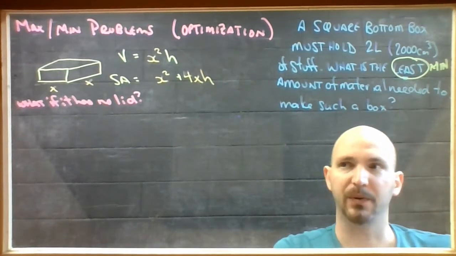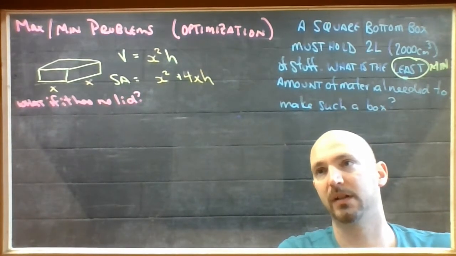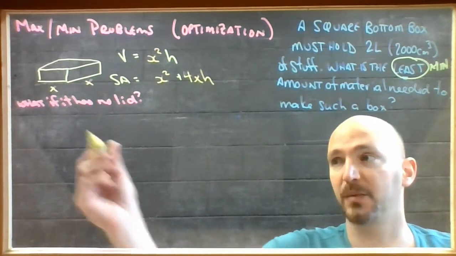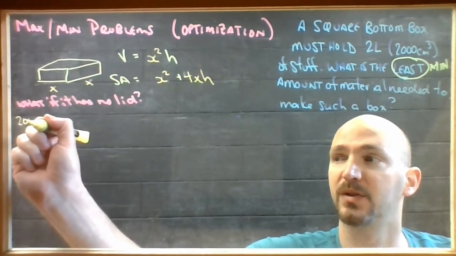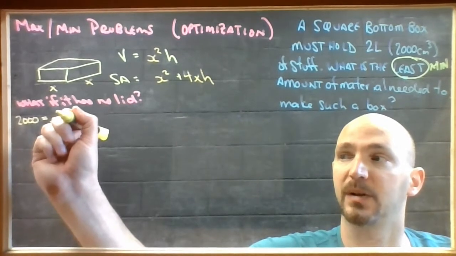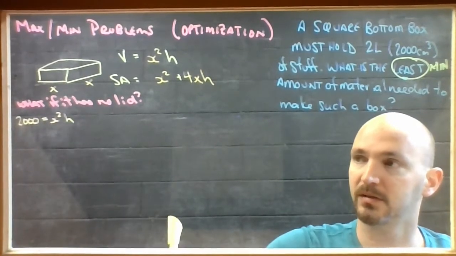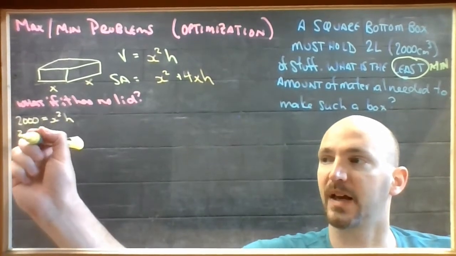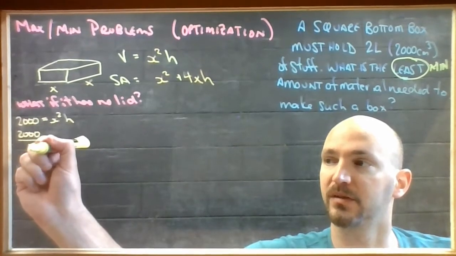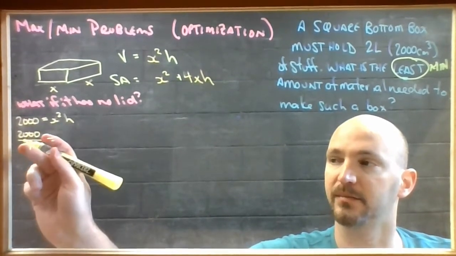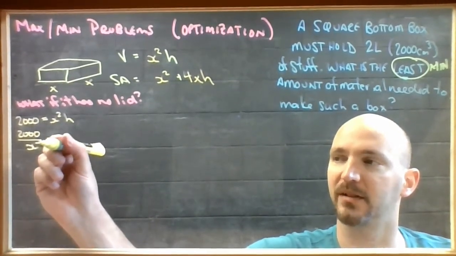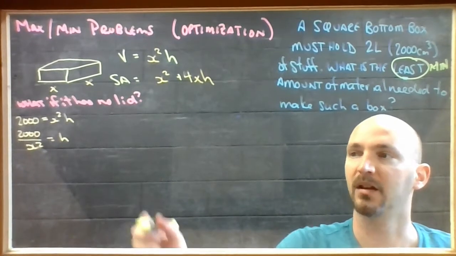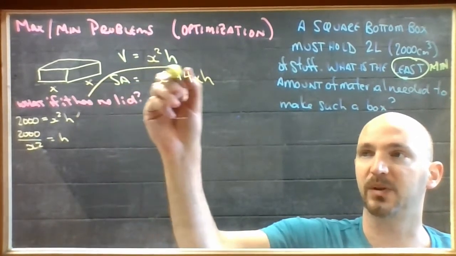So if I go through, 2,000 is still my volume. So 2,000 is still x squared h. So 2,000 over x squared is still h. I'm still going to take this and put it into here.